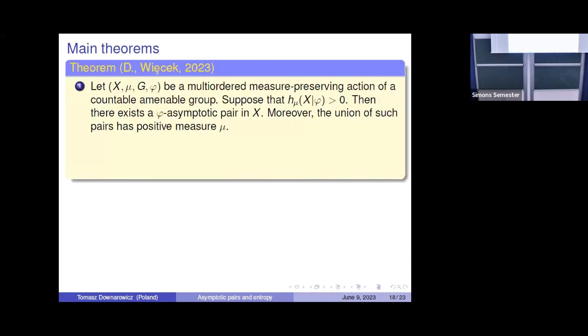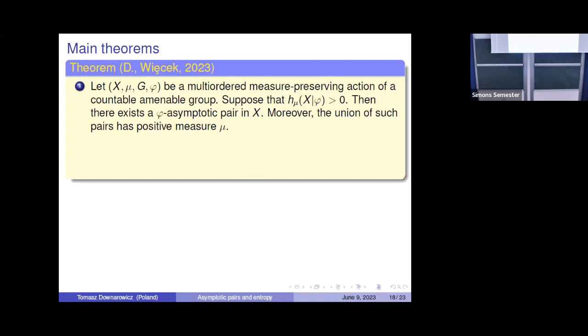Okay, so I am in the position to present the main results now. I have introduced all the terminology that's necessary to understand them. The first direction is measure theoretic. We don't need the topological multi-order.